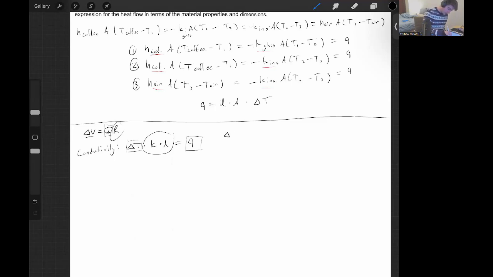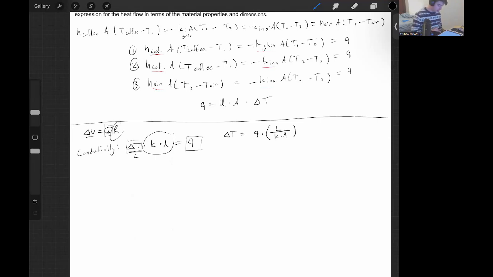We're going to have our change of temperature set equal to Q times, oh, we also assume that this is a change of temperature over some length, right? We're always concerned about the length for conductivity because that matters for our equation. Length over our thermal conductivity multiplied by the area.